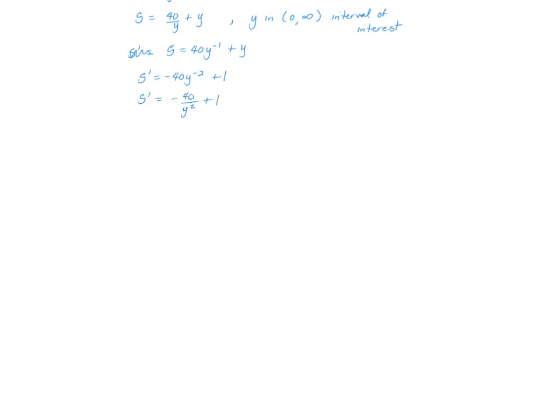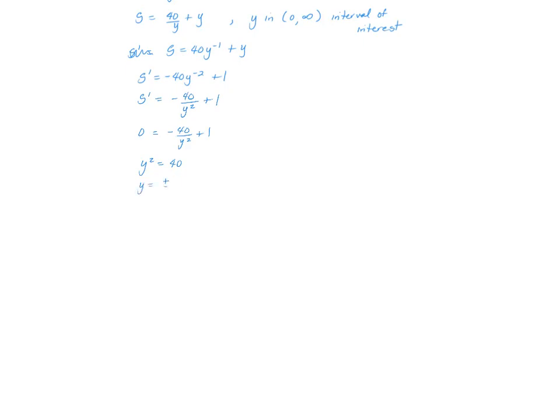Now I have to find my critical points for my first derivative. In this case, I can see that if y is 0, my derivative will be undefined, except 0 is not in my interval of interest. So I'm going to ignore that and see if I can get another critical point by setting this derivative equal to 0 and solving for y. So if I subtract 1 and multiply by y squared, I get y squared equal to positive 40.